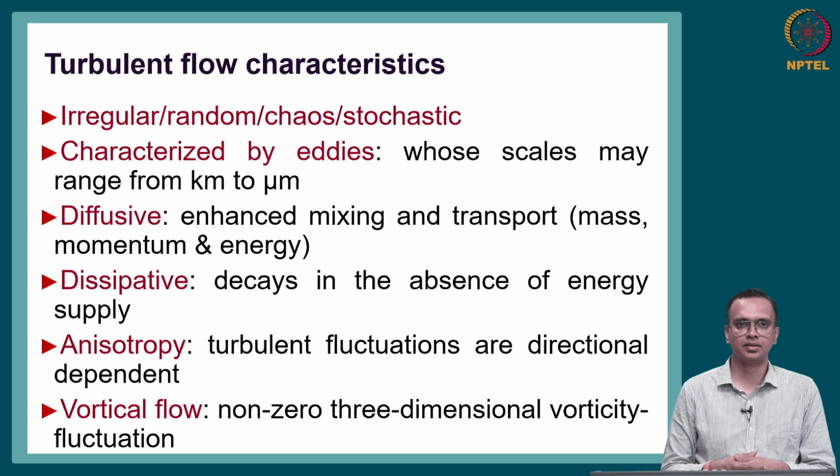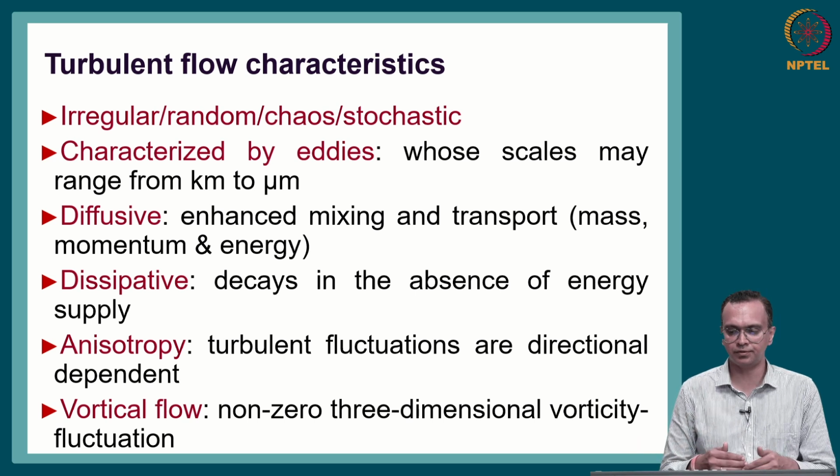Another characteristic of turbulent flows is that it is dissipative. That means if you turn off the power or the energy supply to your flow system, then the entire turbulence decays. Let us say you imagine a wind tunnel that is up and running, and you see a turbulent flow developing downstream, and if you just switch off the blower or the fan, then slowly with time the turbulence will decay.